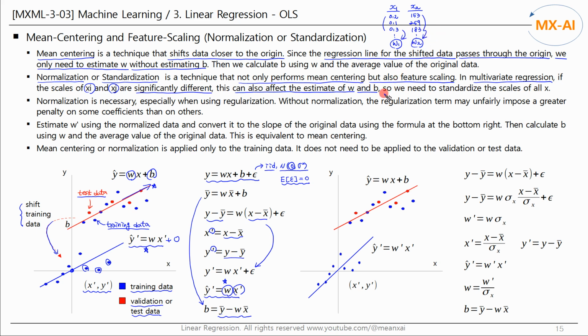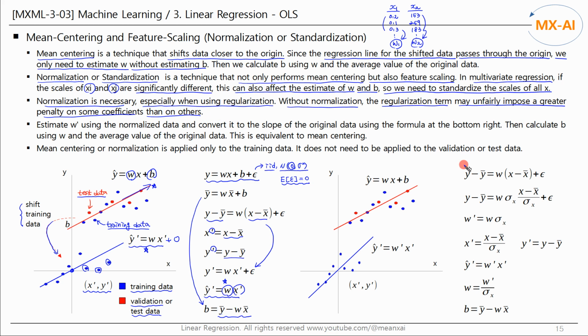In this case, we need to resize feature values. Normalization is necessary, especially when using regularization. Without normalization, the regularization term may unfairly impose a greater penalty on some coefficients than on others.